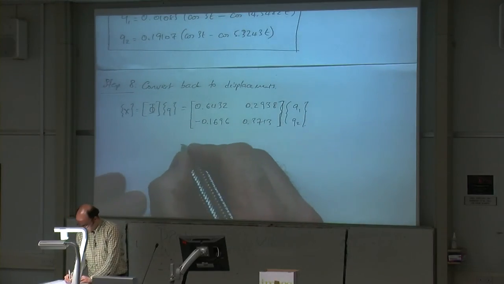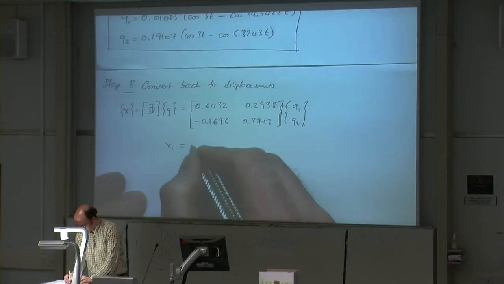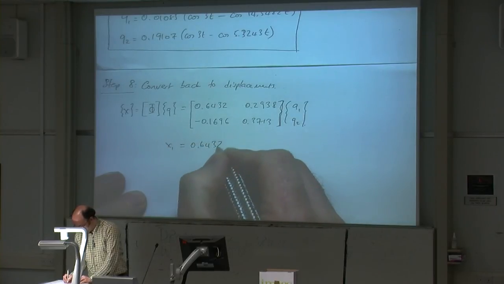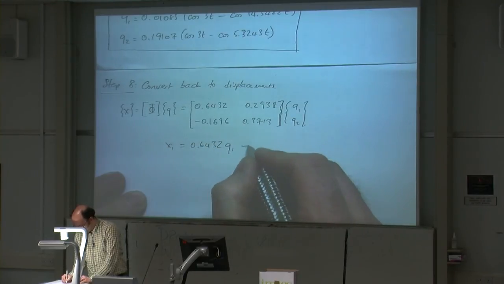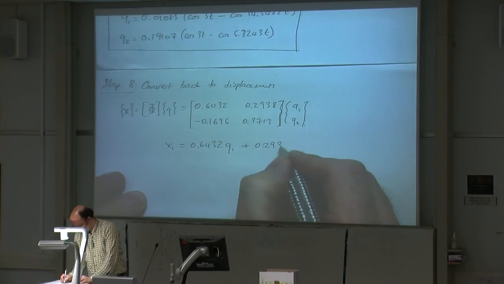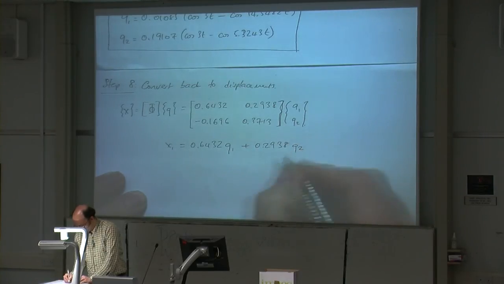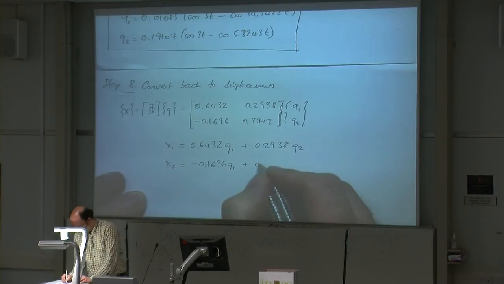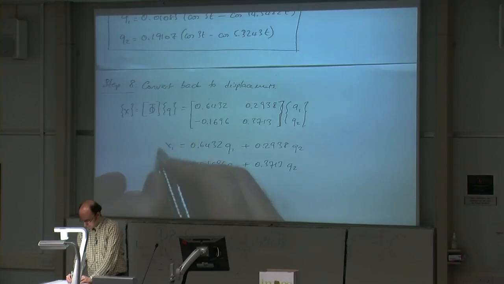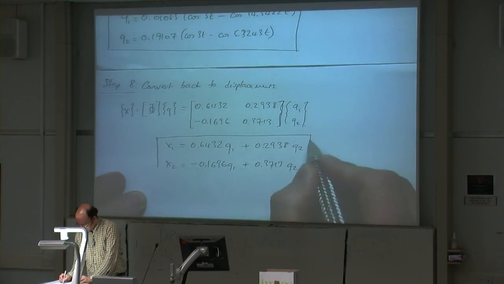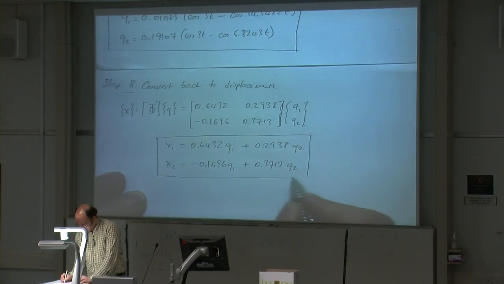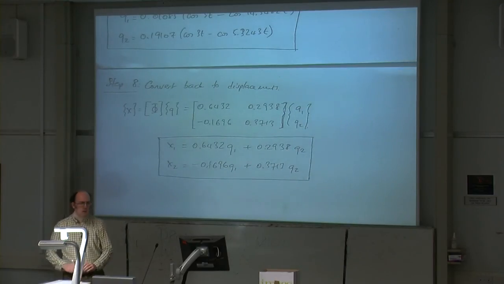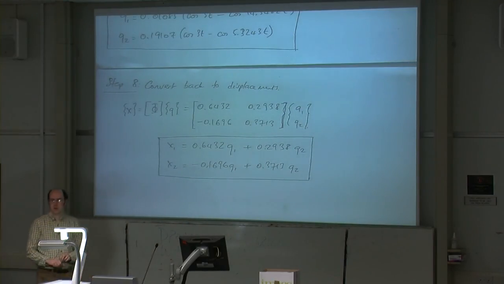So it's acceptable to write x1 is 0.6432 times q1 plus 0.2938 times q2, and x2 is minus 0.1696 times q1 plus 0.3713 q2. That is the solution to step 8.